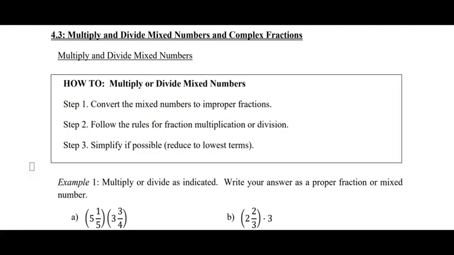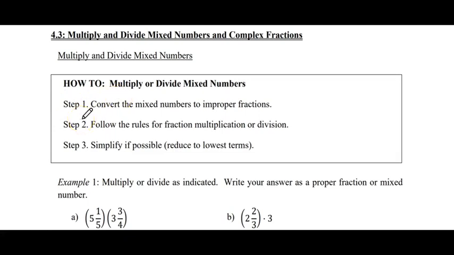We're going to start our lesson with a formal introduction of the rules, how to multiply or divide mixed numbers. In order to multiply or divide mixed numbers, we are going to do it in 3 steps. Step number 1, we're going to convert mixed numbers to improper fractions.